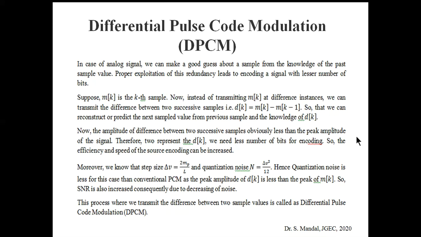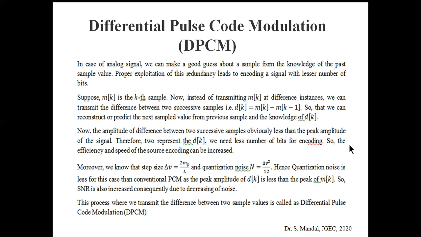In that case, during quantization, we use a defined number of quantization voltage levels. If the peak amplitude of the input is very large, obviously we need to use more quantization levels. That means we need to use more bits.